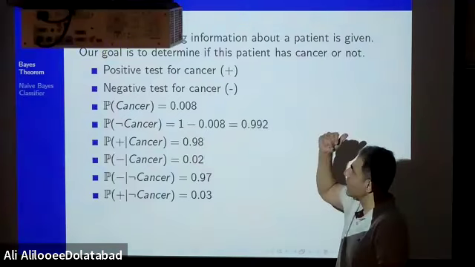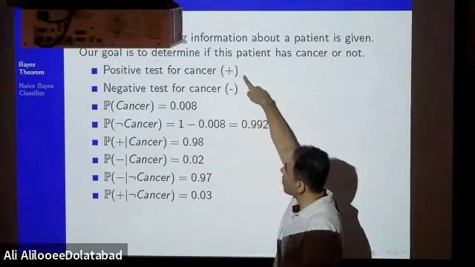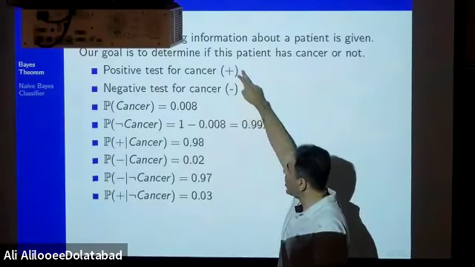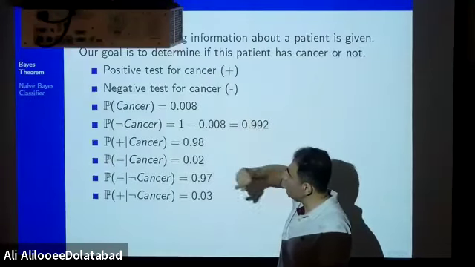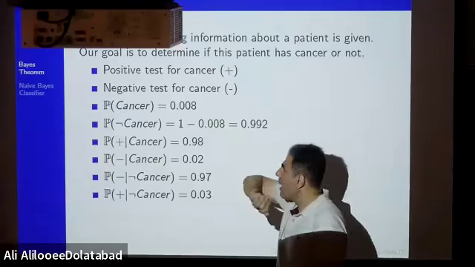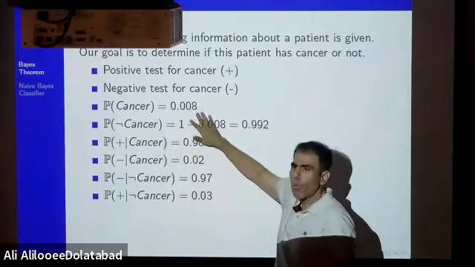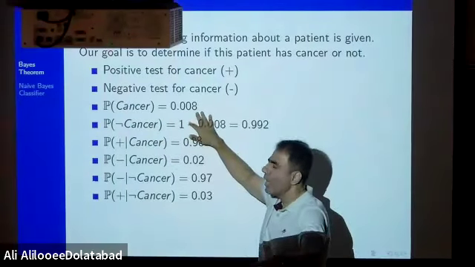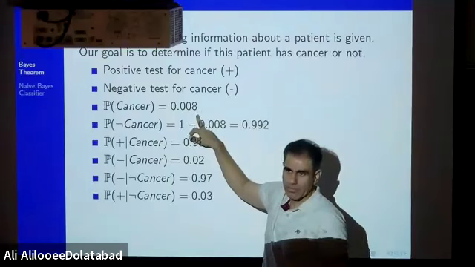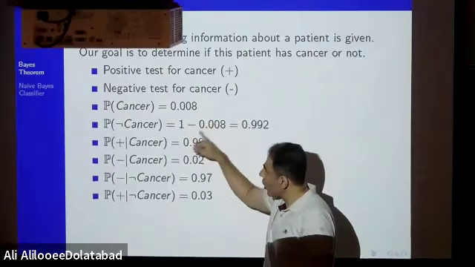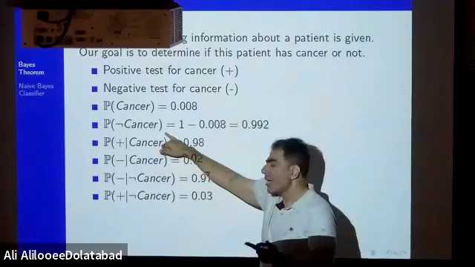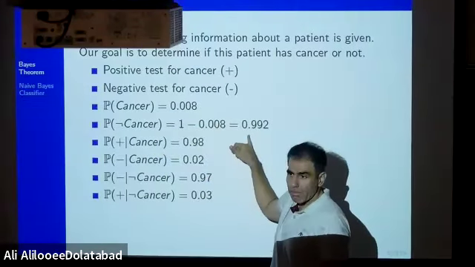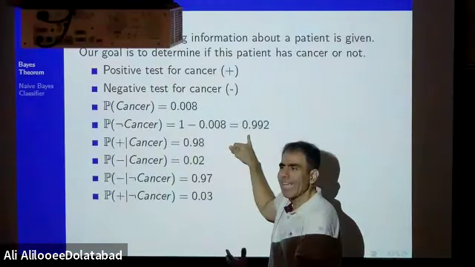Here we have two notations: positive, the test for cancer is positive, and negative, the test for cancer is negative. The probability that a randomly chosen person has cancer is this. Then the probability that the person doesn't have cancer is 1 minus this. These are data.